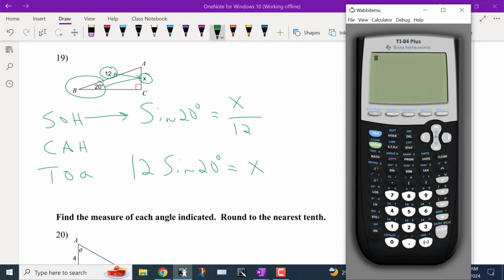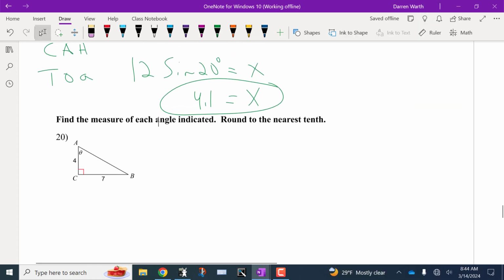So typing this in, I got 12 times the sine of 20 degrees. Go and hit enter. And it looks like that's going to come out to be 4.1. So that'll be your answer for side x is equal to 4.1.